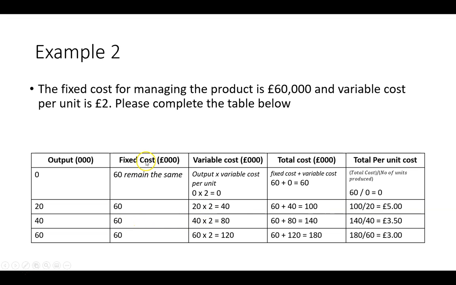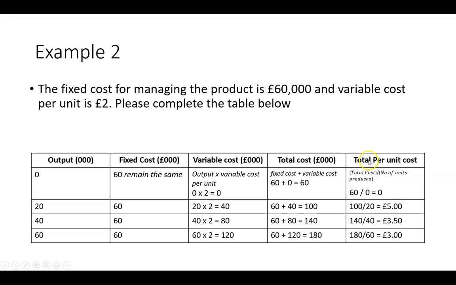Again, 60,000 fixed cost plus 80,000 from the variable cost will give us 140,000. And then the 60 plus the 120 will give us 180, so it means 180,000. And as I said, if you're not comfortable, just work using all the zeros, which is fine, but make sure you delete the zeros above here.